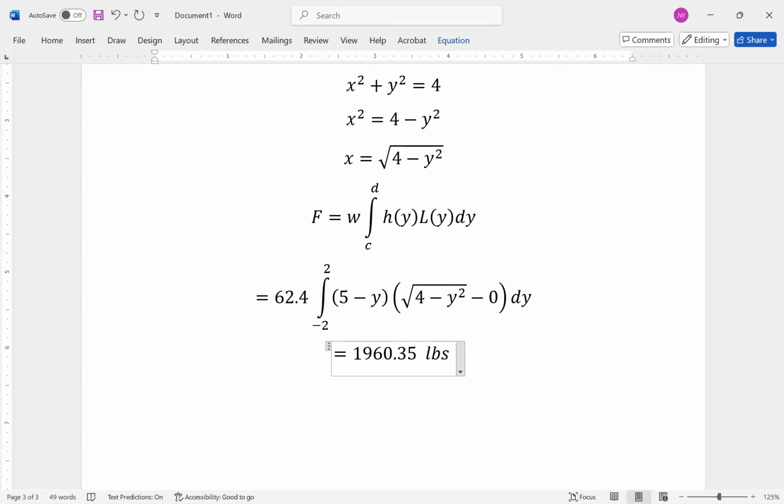By the way, that is approximately 624 pi pounds.